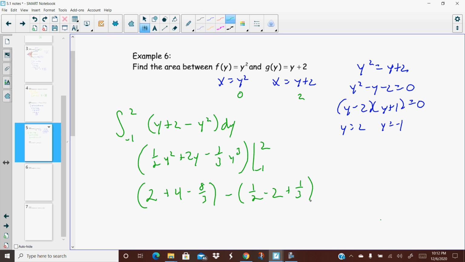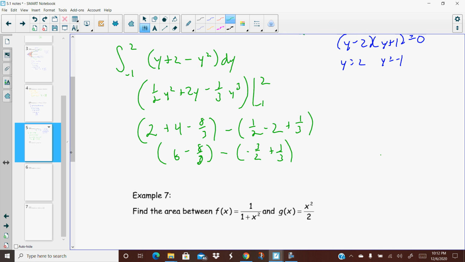All right, so we're going to get, let's see, 6 minus 8/3 there. Minus, a half minus 2 is going to be negative 3/2 plus 1/3. Again, you can do this in any way that you want to as far as adding these things up. I just choose to try and combine the like denominators first.